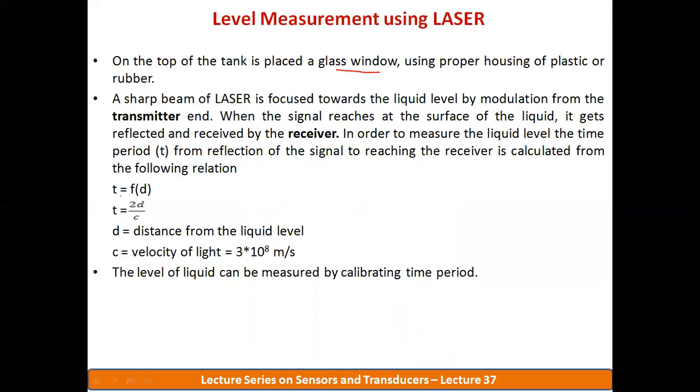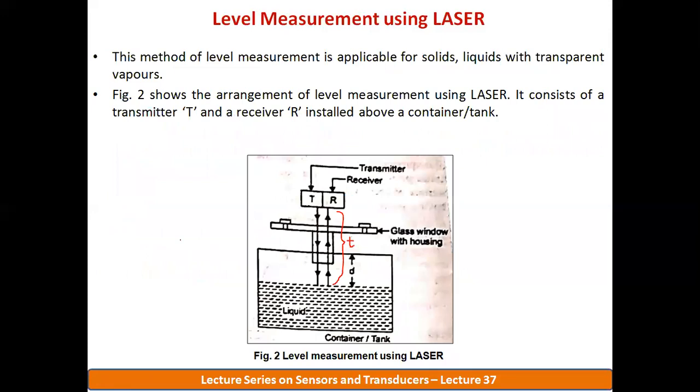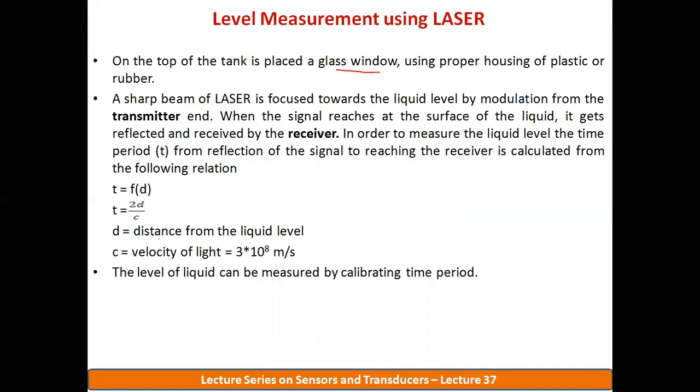Okay, T is a function of D. So D is nothing but the distance from the liquid level, we can say, right? So T is equal to 2D divided by C. Here C is nothing but the velocity of light, which is given by 3 into 10 to the power 8 meter per second, correct?